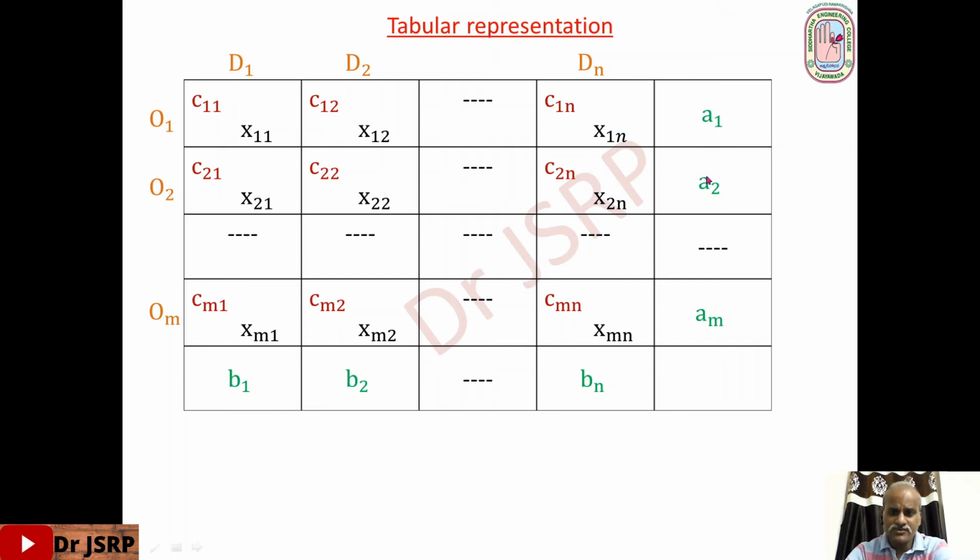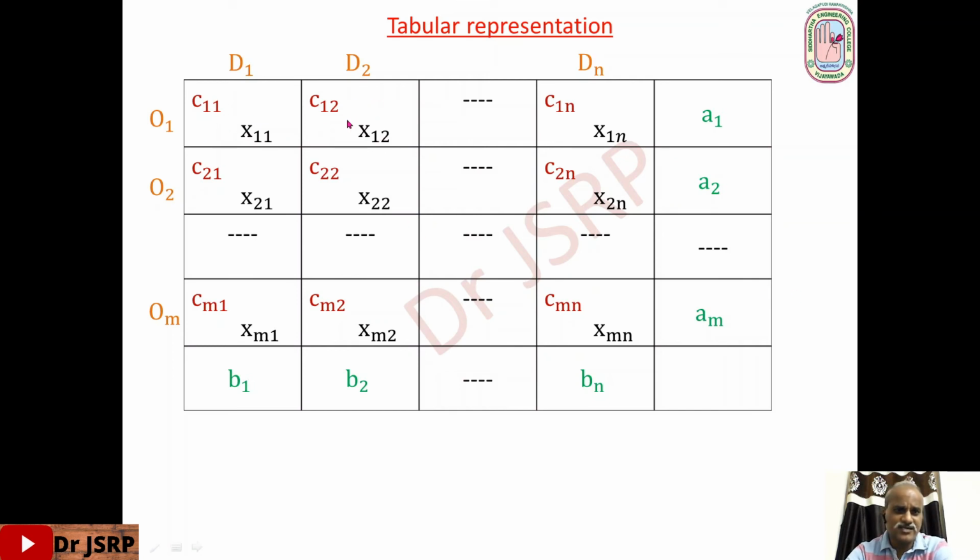So in the problem, we will be given these values, available quantities, these values, required quantities, and unit transportation costs C11, C12, and so on, C1n, C21, C22, and so on, Cm1, Cm2, and so on. These values will be given. We have to find the amounts X11, X12, and so on, X1n, X21, X22, and so on, X2n, like that. So this is the tabular representation of the problem.